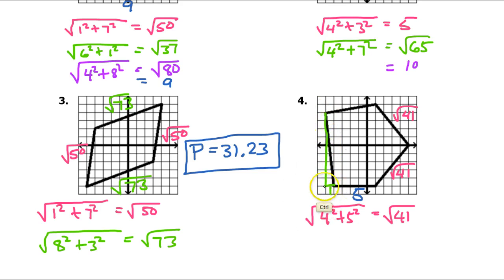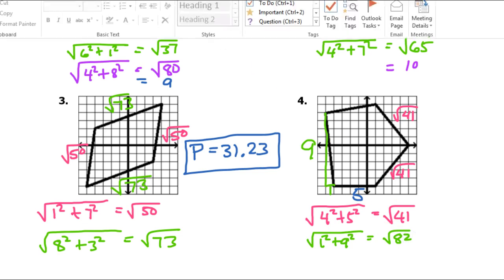So this is 1, and that's 5 plus 4, so this is 9. 1 and 9. So that would be the square root of 1 squared plus 9 squared. 9 squared is 81 plus 1, so that's going to be 82. So this will be the square root of 82.